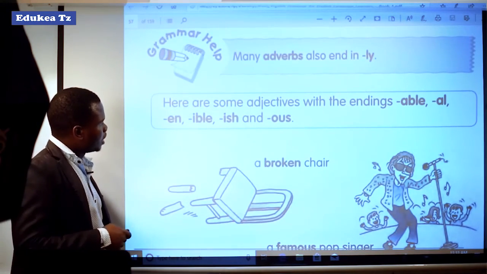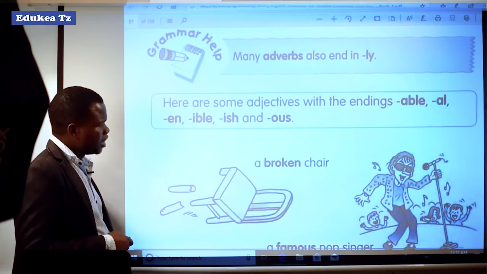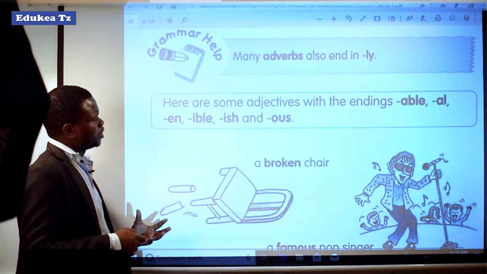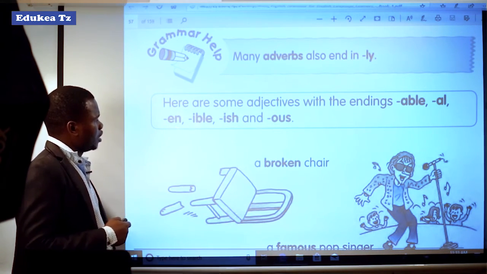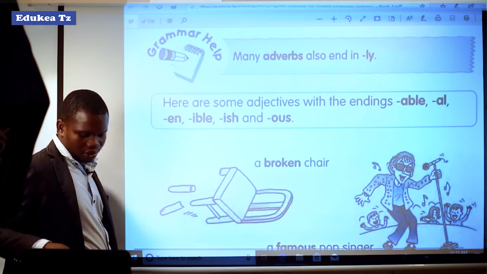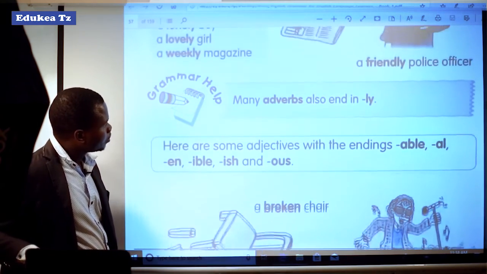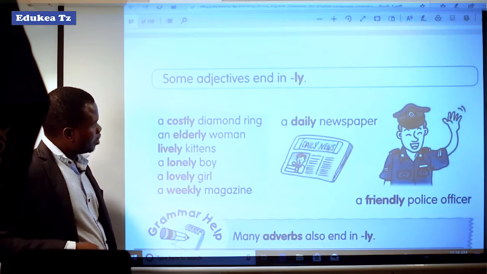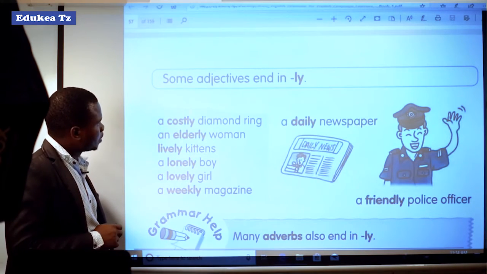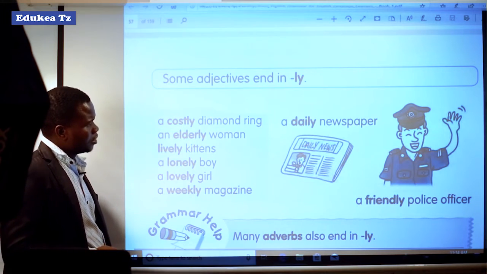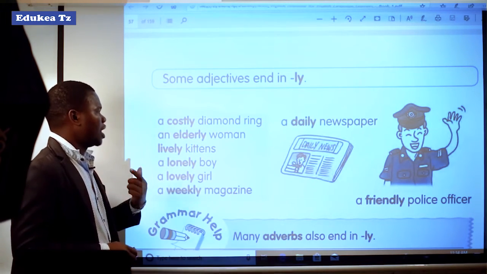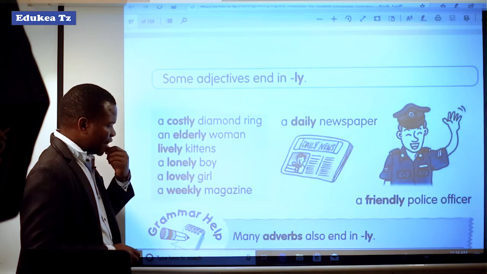Again, we have to know that adjectives end in different forms: able, al, ish, and ous. But there is a special case whereby some adjectives end with ly. We also have adverbs with the same ending, that is ly.